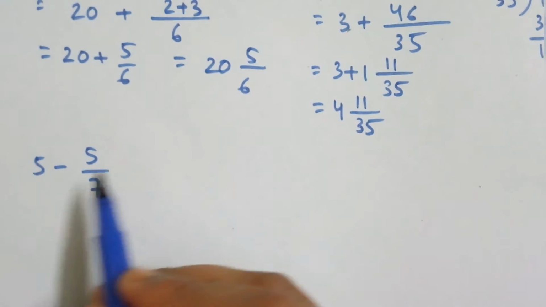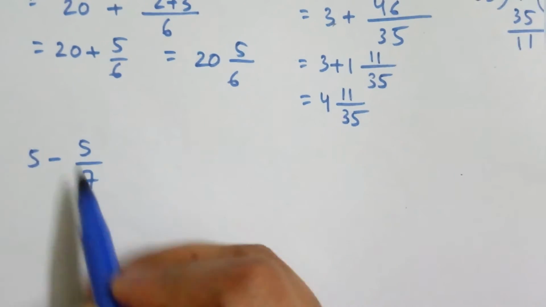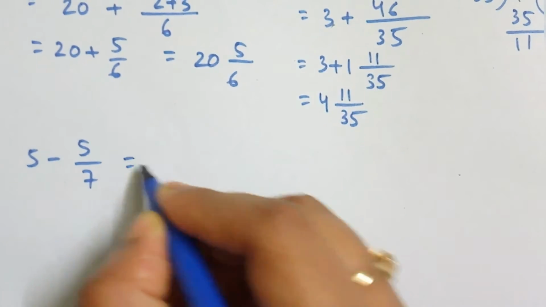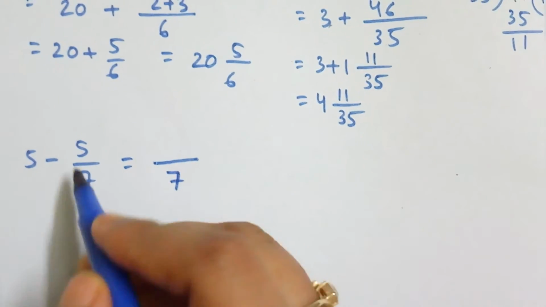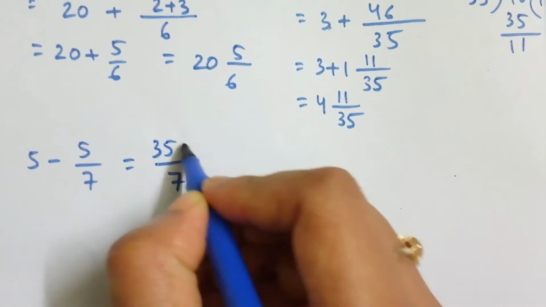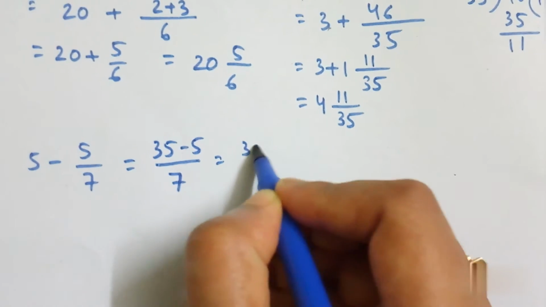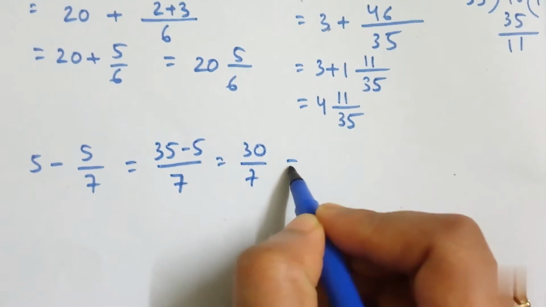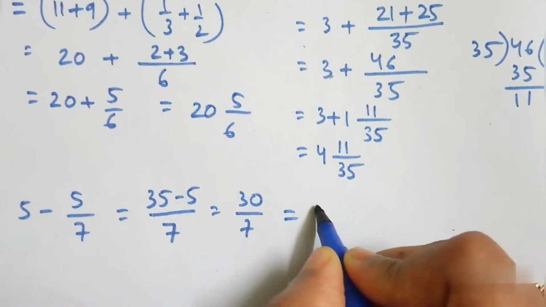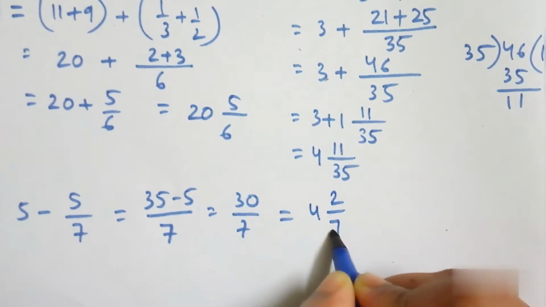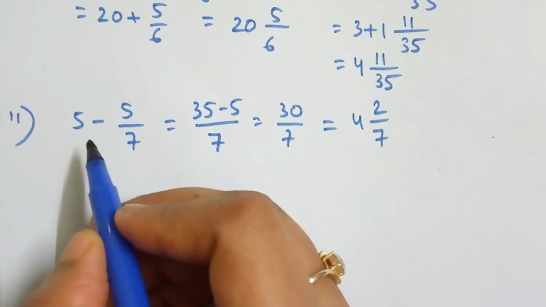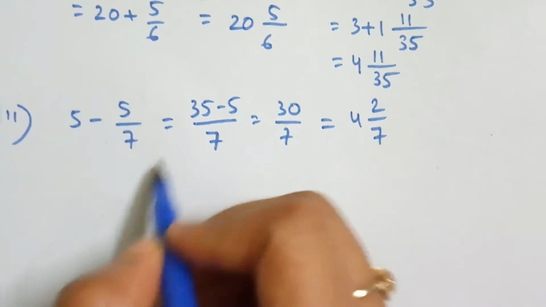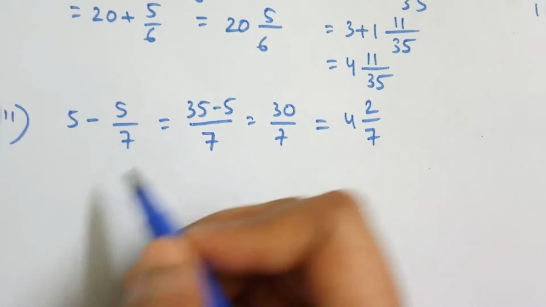Now what about the minus sign? So here you can simplify this like 35 minus 5, it is 30 by 7. You will get from here 4 2 by 7. I will tell you how to do this simplification faster.